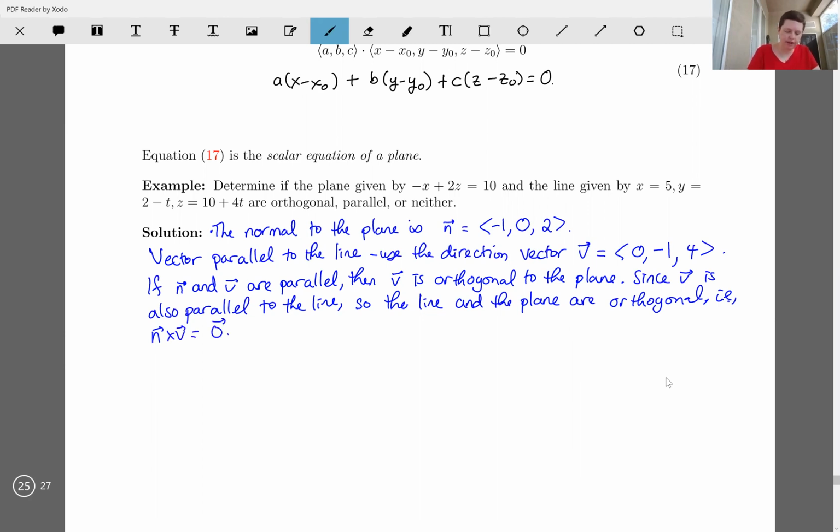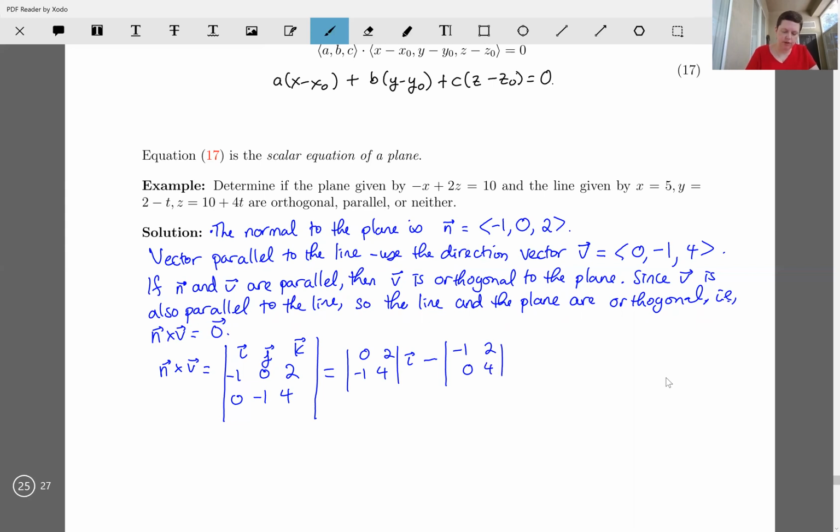Let's check it out. What is the cross product of n with v? We put our unit vectors as the first row. n is our second row, so that's -1, 0, 2. The components of v give us our third row, 0, -1, 4. We get the determinant of the matrix [0, 2; -1, 4] times i, minus the determinant of the matrix [-1, 2; 0, 4] times j, plus the determinant of the matrix [-1, 0; 0, -1] times k.